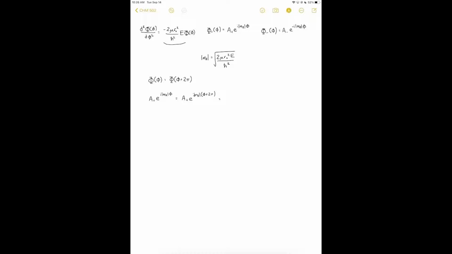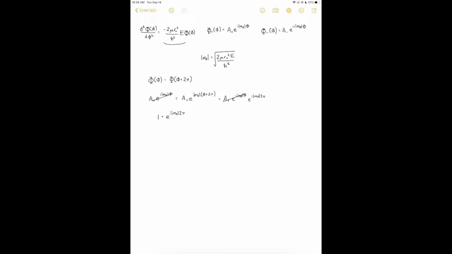So we can say this is equal to a plus e to the i m_L phi, in parentheses, times e to the i m_L 2 pi. And that's, of course, just what happens when you add exponents. It's like multiplying them outside of the exponent. So here, we have this, which is the same as this, and our equation then becomes 1 is equal to e to the i m_L times 2 pi.